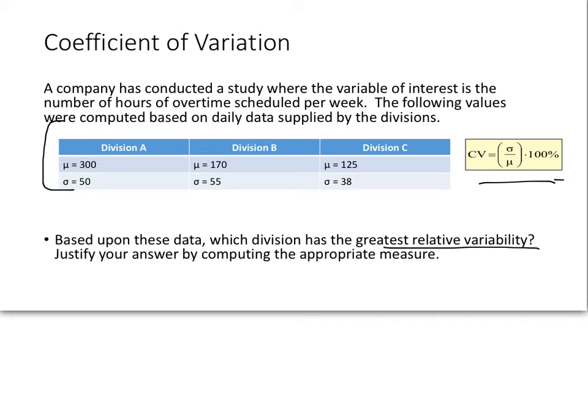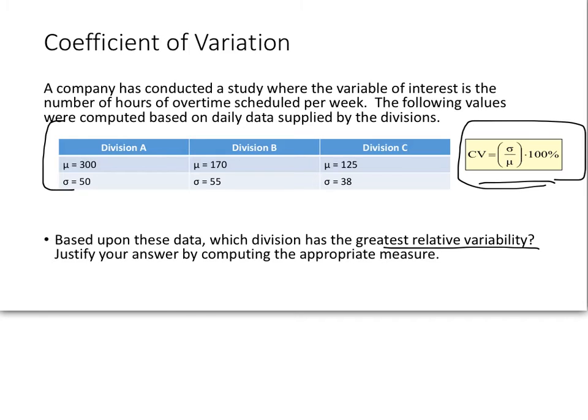So we've already talked about it. The appropriate measure here when you're given these kinds of inputs is going to be the coefficient of variation, so you can compare them. It would be very difficult to compare these just based on number of hours of overtime worked, depending, for example, on how many employees were working in each division, perhaps a seasonal element of it, and so on.